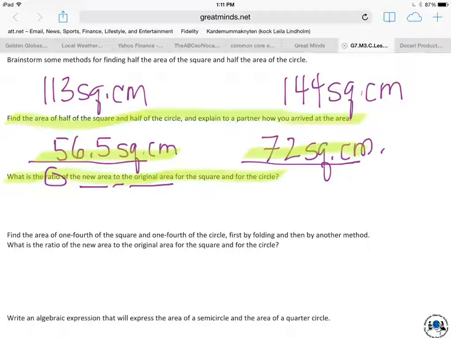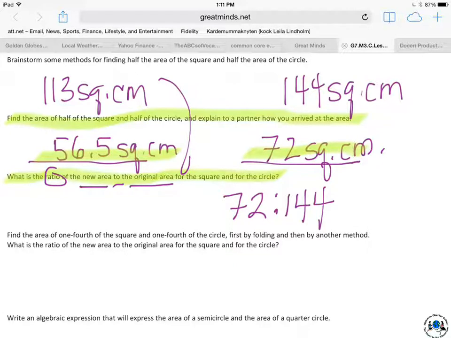Now they're going to be the same, so these numbers over here are a little more difficult to work with. So let's work with the square. It asks for the ratio of the new area, so 72, to the area of the original square, in this case 144.